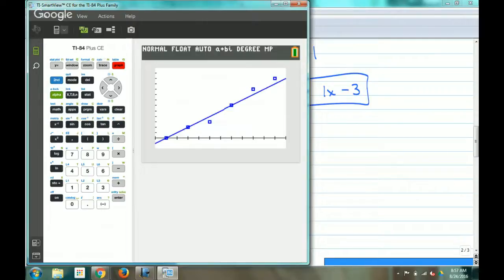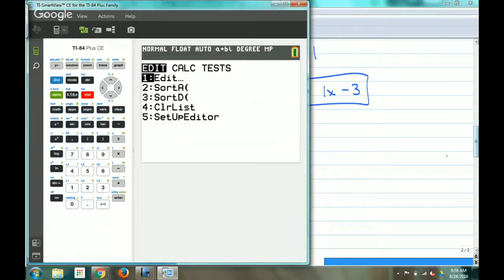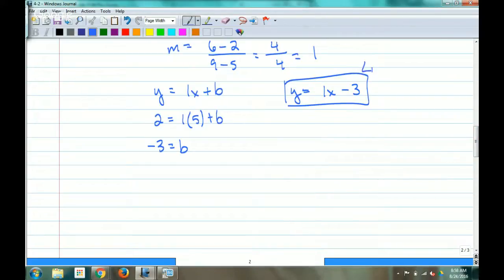It does a lot more calculations and distance away from each point and all this stuff. It does a ton of math to do that. Okay, so what we want to do here is we want to go to stat to find a line of best fit. Okay, so this is just a line of fit.